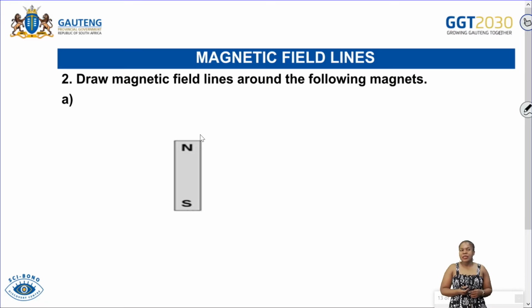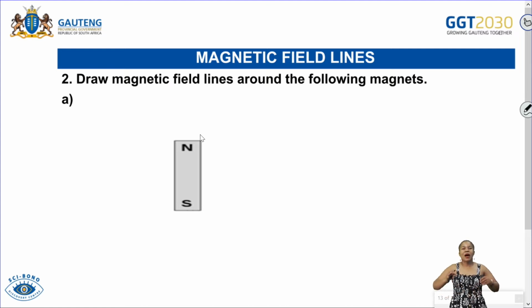Number 2, they are saying draw the magnetic field lines around the following magnets. So what they've done is they've given you different types of magnets, and they want us to implement the properties of the magnetic field lines. Okay, so you've got a north at the top, and then you've got a south.